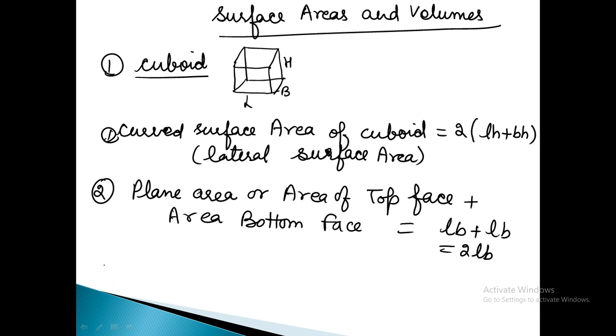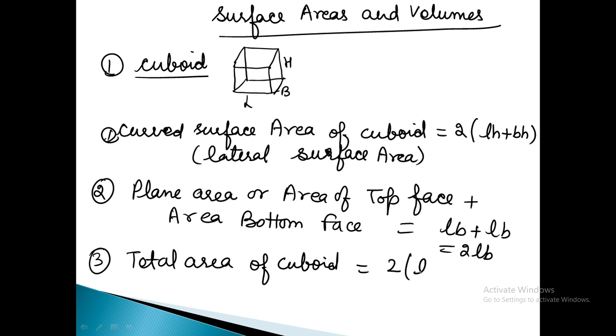Now the third formula, if you find the total area of a cuboid, then you will use this formula: 2(LB + BH + HL). And if you want to find the volume, it is length into width into height.